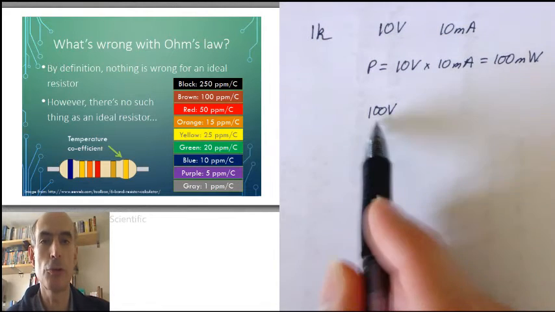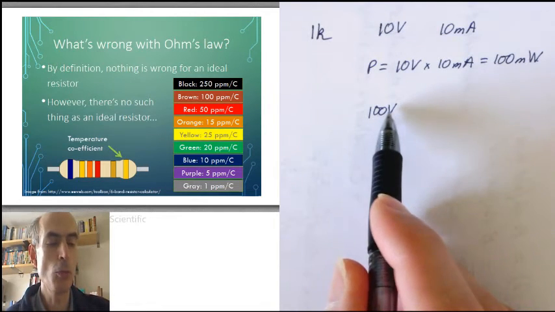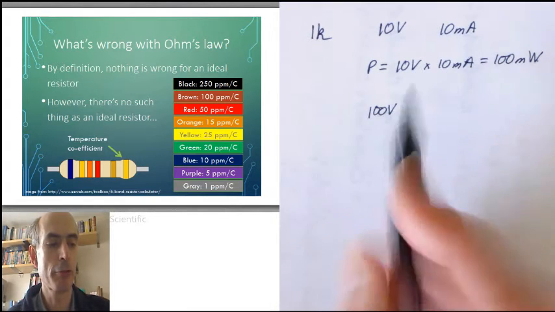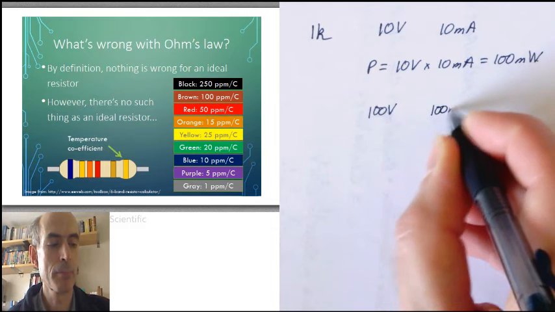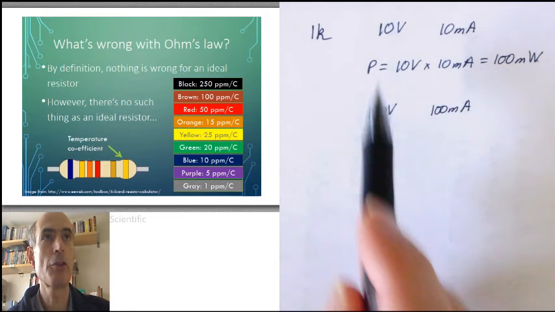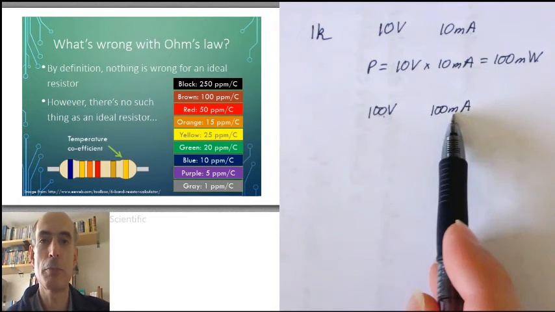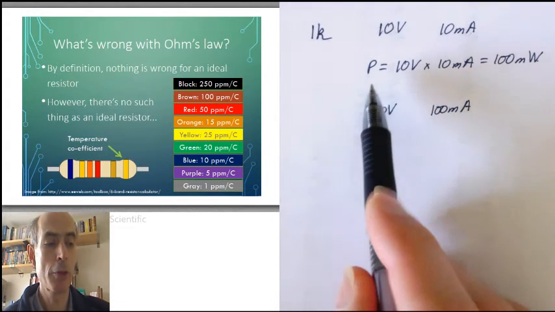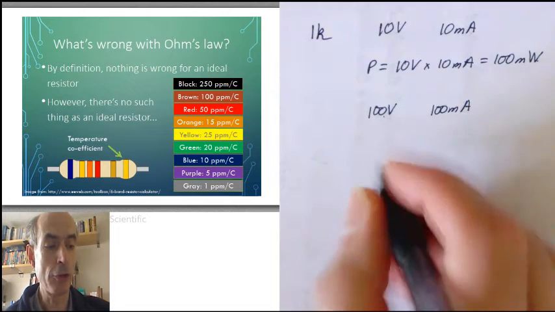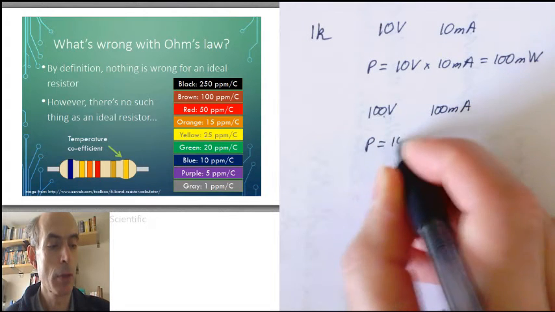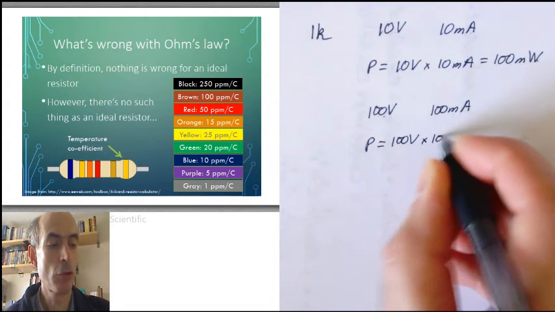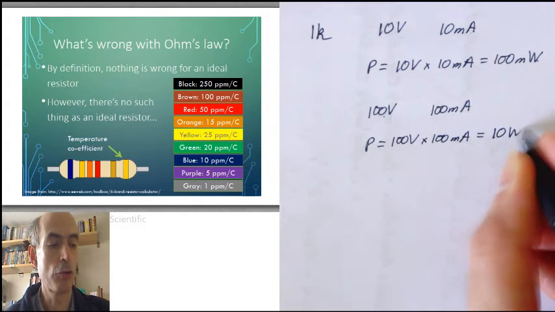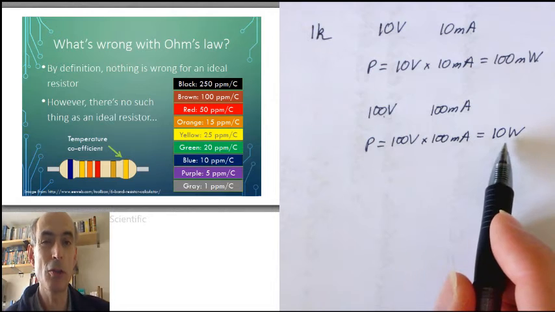If there's 100 volts across this resistor, then Ohm's law would suggest that there should be 100 milliamps flowing through it. We've increased the voltage by 10, the current should increase by a factor of 10 as well. However, that would mean that the power being dissipated in the resistor would now be 100 volts times 100 milliamps, or about 10 watts. 10 watts is quite a lot of power.